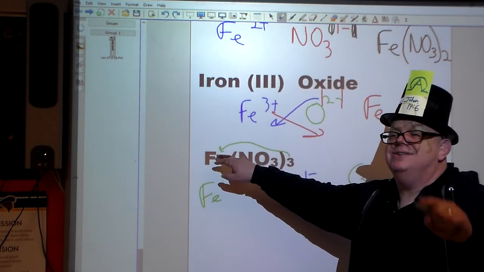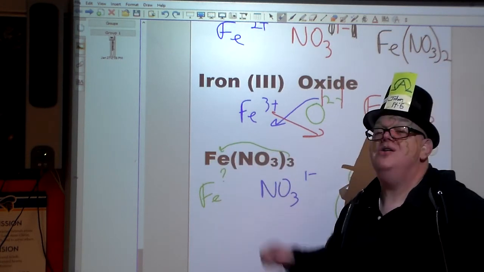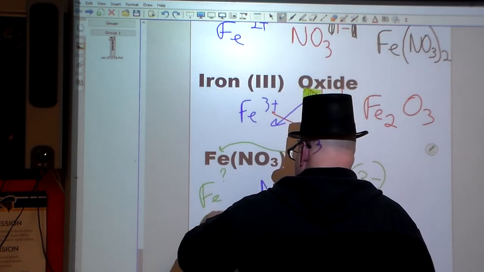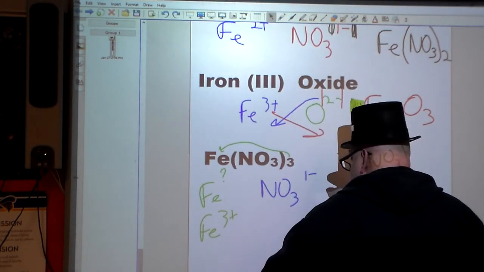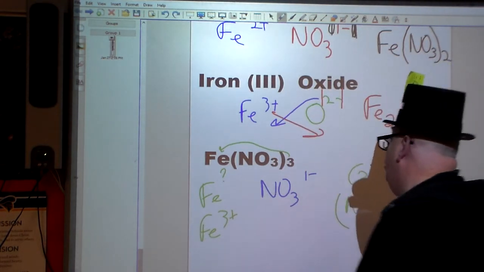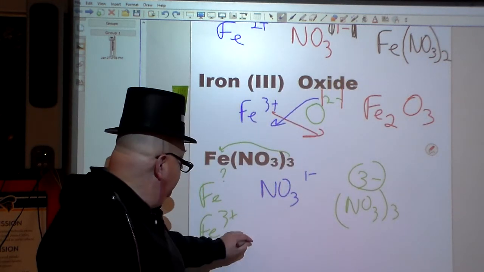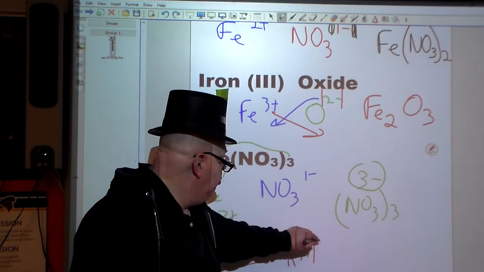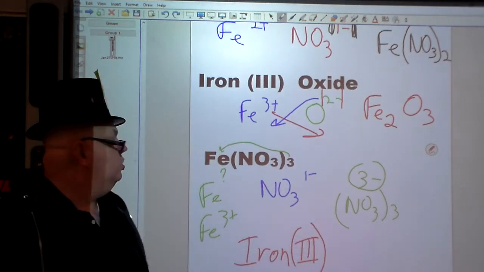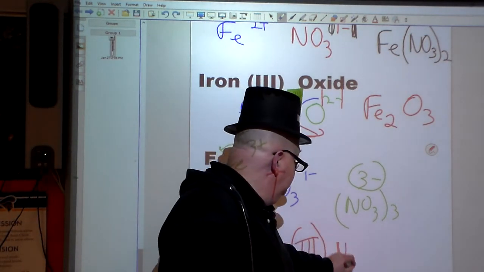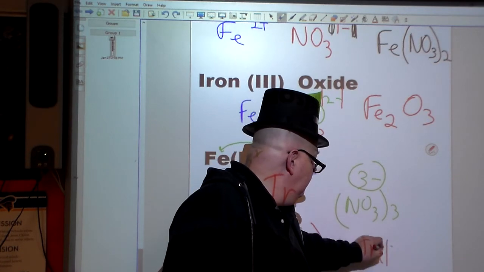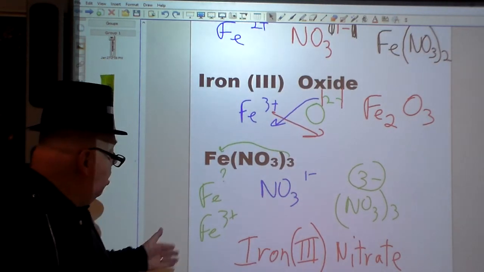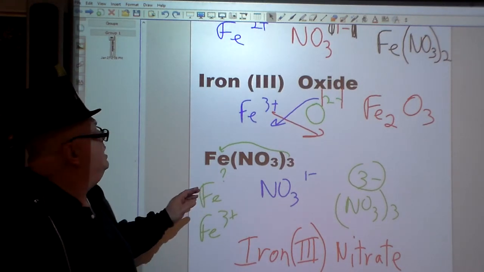Well, that tells us, guys, that the charge on the iron has to be a +3. So that iron has to be a +3. So when we write it out, what is that going to look like? It's going to be iron 3, because it's a +3 charge, right? Nitrate. That's it. That's all that there is for this one here.